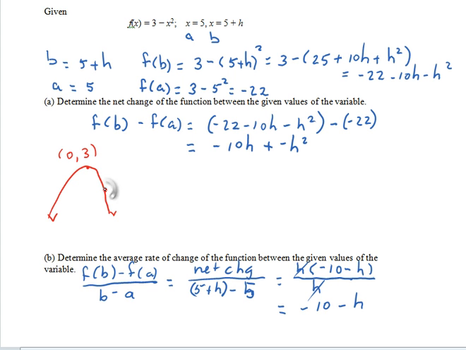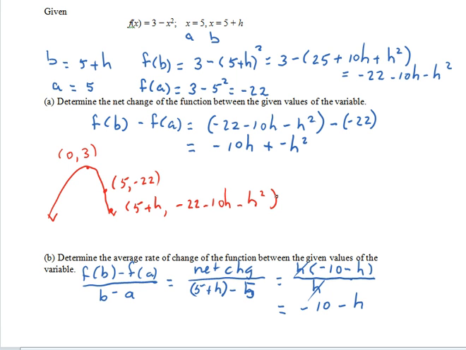So we have the point 5, negative 22, and then this second point, which is 5 plus h, comma, negative 22 minus 10h minus h squared.